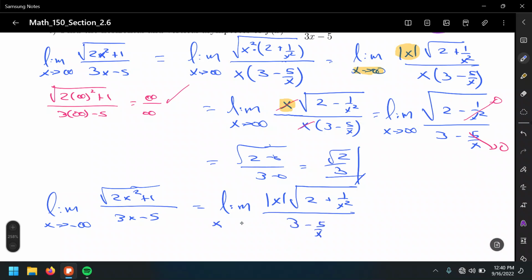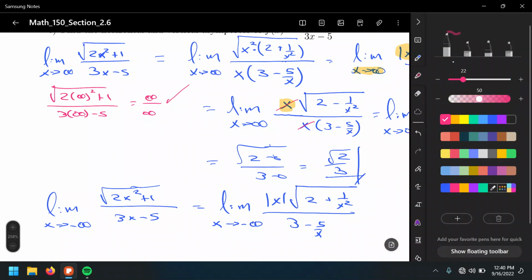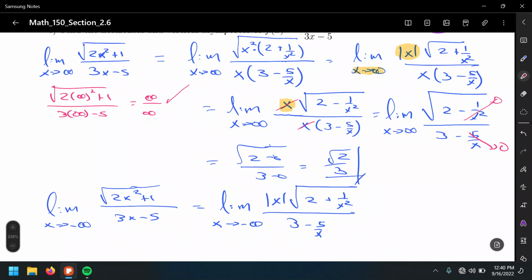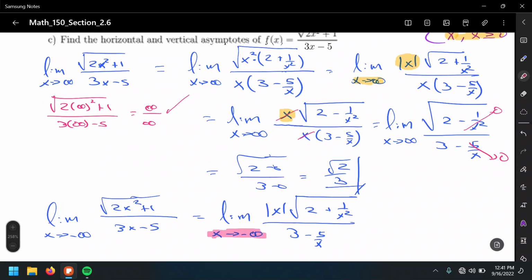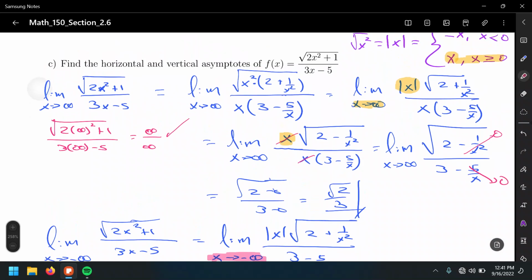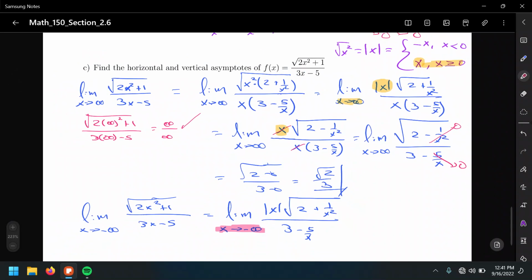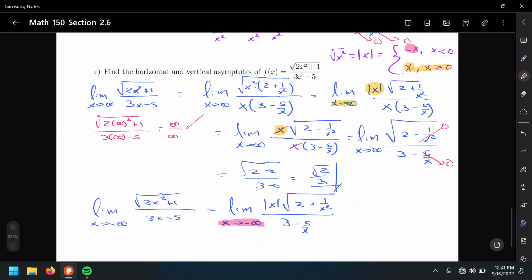But in this case, we're going to negative infinity. So now this absolute value factor will have a totally different meaning. The reason is that we're going towards negative infinity, so we're looking at negative values of x. Because of that, we're going to take the piece of the piecewise function that is negative, because x is going in the negative direction.